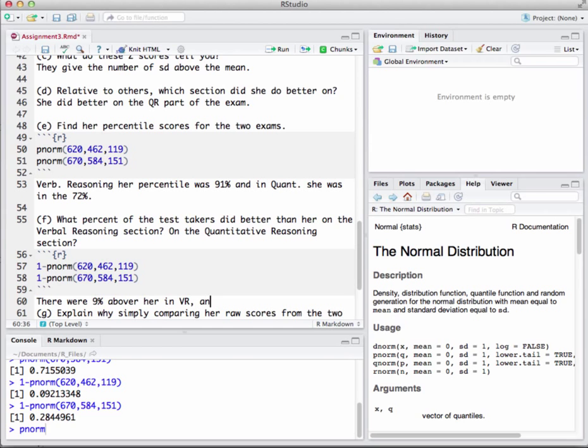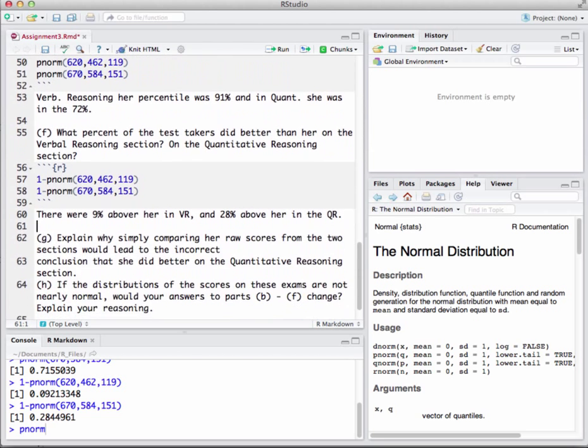I'm going to abbreviate that. And there was basically 28% in the quantitative reasoning. Okay. And I probably should spell that correctly.